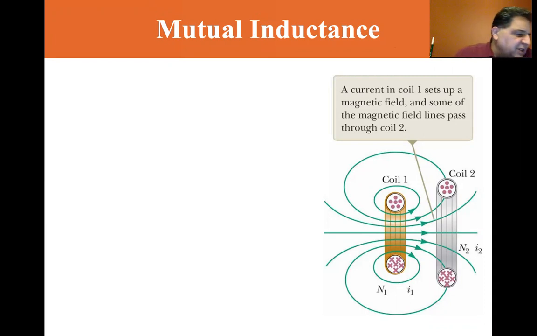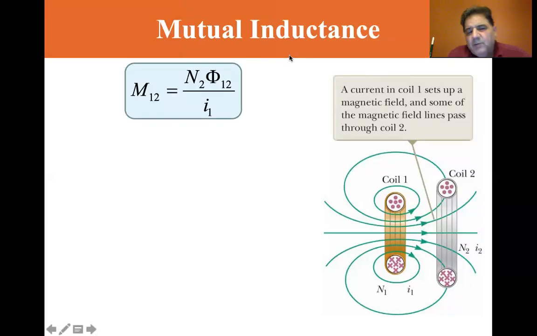But if it is a changing magnetic field, you'll get what is called mutual inductance, and the mutual inductance of coil 1 to 2, M12, is equal to the number of turns in 2 times the magnetic flux, phi12, divided by the current, I1.